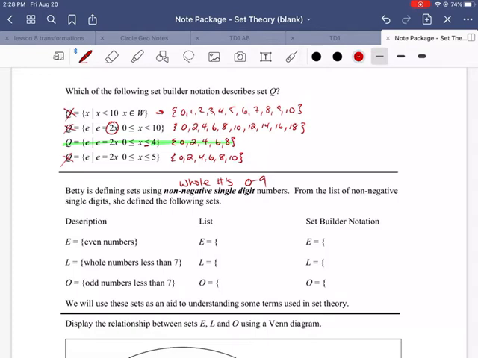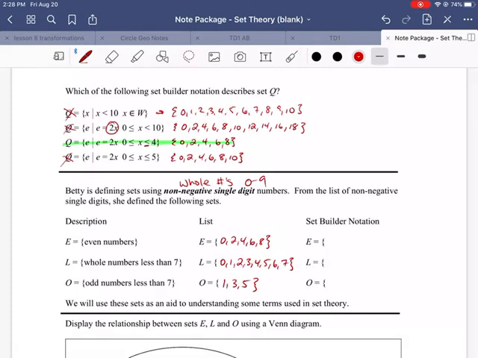The even numbers are going to be 0, 2, 4, 6, and 8. The whole numbers less than 7 are going to be 0, 1, 2, 3, 4, 5, 6, 7. And odd numbers less than 7, we've got 1, 3, and 5. 7's not included because it's not less than or equal to 7.